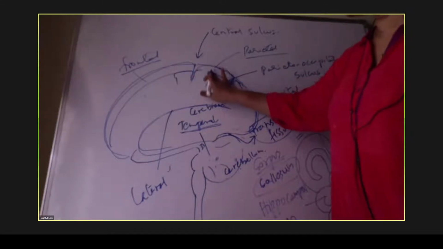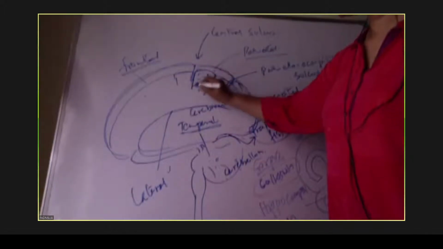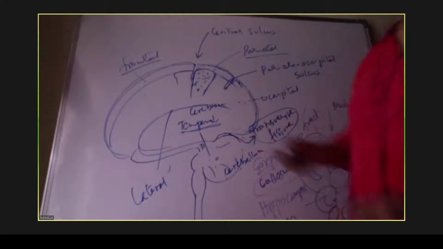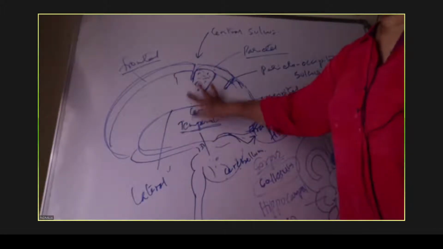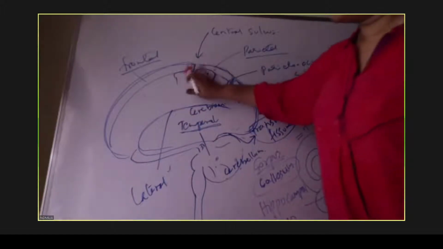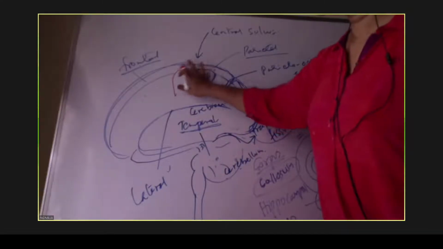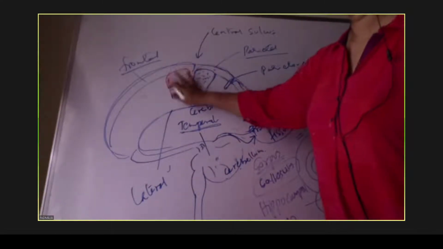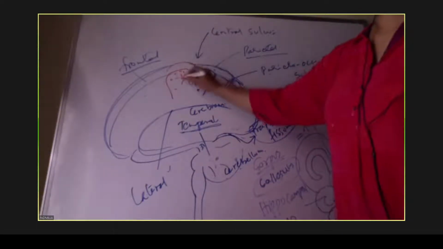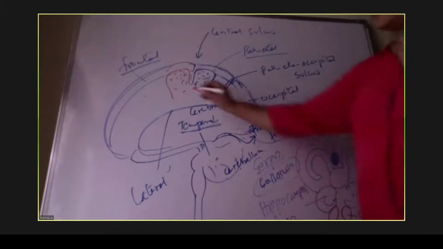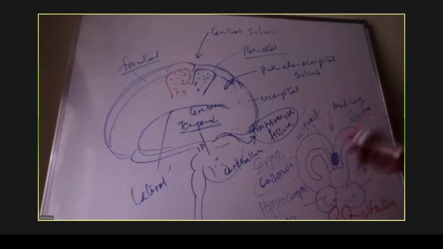Behind the central sulcus, take this part in blue color, a very important region. In front of the central sulcus, one more gyrus is there, given in red color, on both sides. What is the importance of these two regions? Very important, note down.